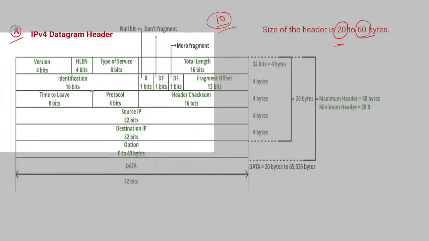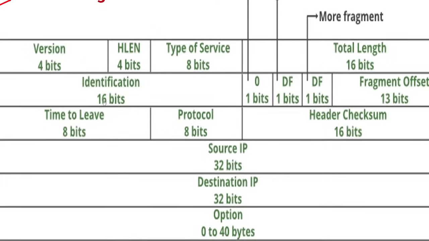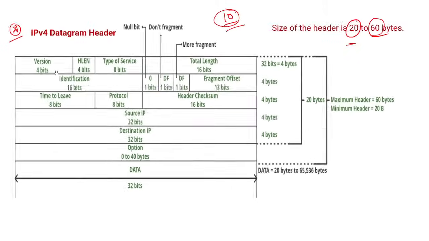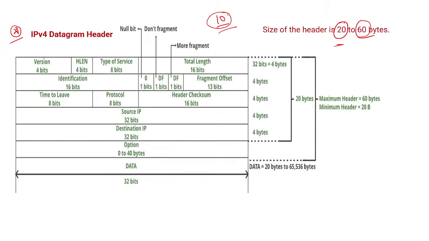So in this header you can see here, this is the version. Version is given in 4 bits. Because using 4 bits you can represent how many numbers? 0000 to 1111, that is, you can represent 0 to 15. So this many versions can be possible.